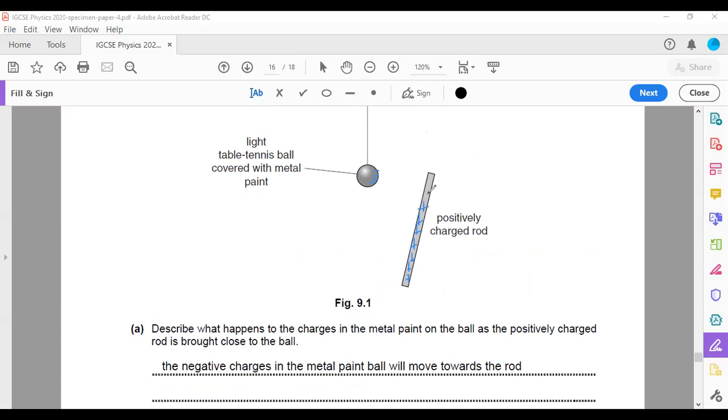The negative charges will move towards the positive charges, and then you get a force of attraction. So the negative charges in the metal paint on the ball will move towards the rod. Everybody okay with that so far? Nice. Moving on.